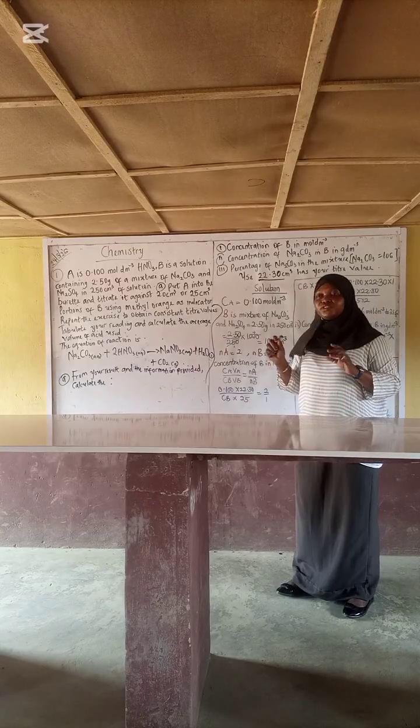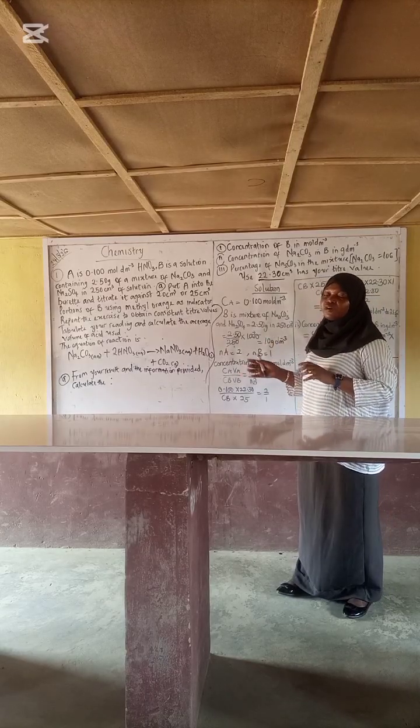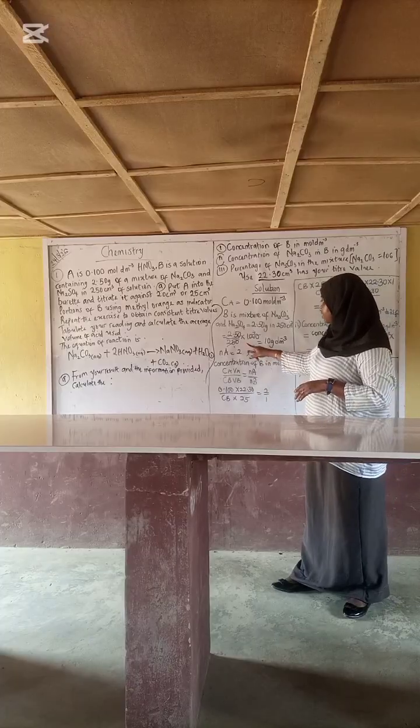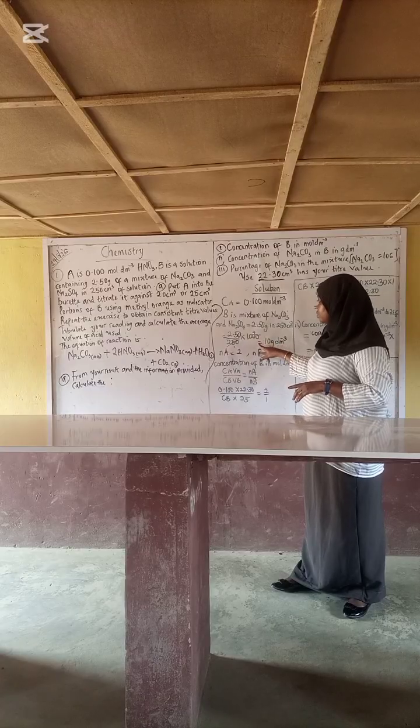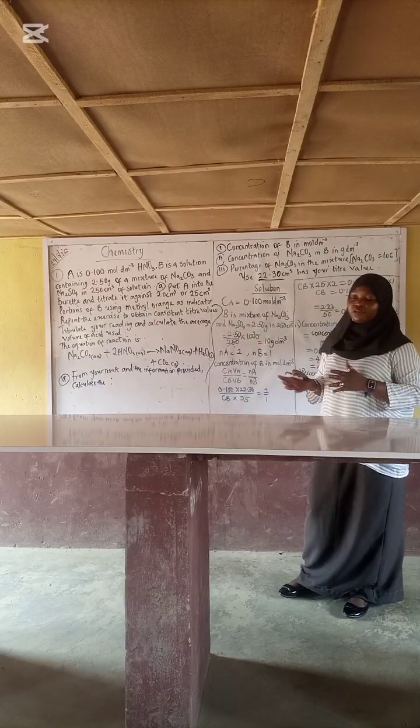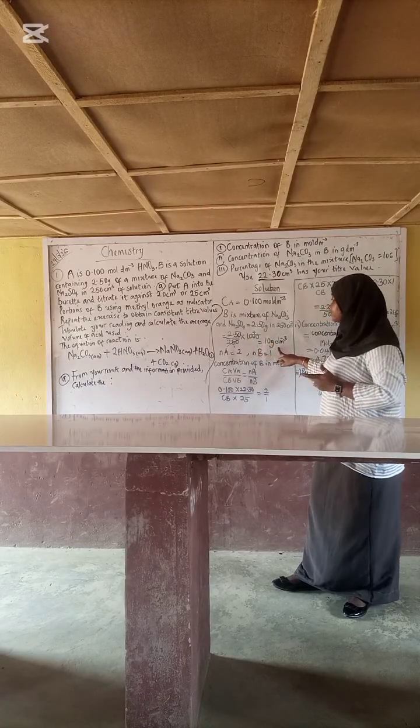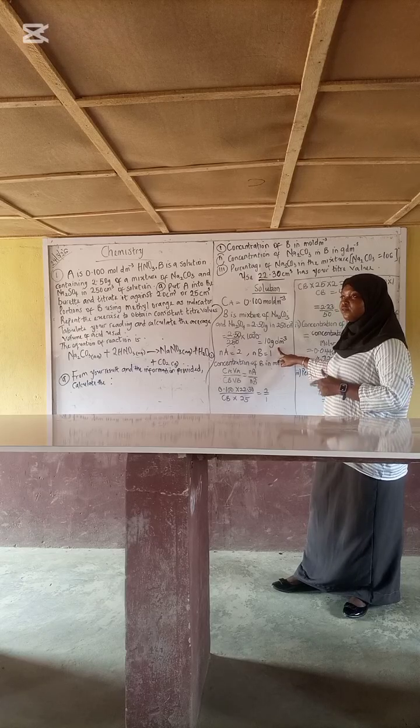We are given the concentration in CM3. Now we convert to DM3. Now I did 2.5 divided by 250 times 1000. We want to convert to CM3, we multiply by 1000. Now at the end of the day, we get 10 gram per DM3.